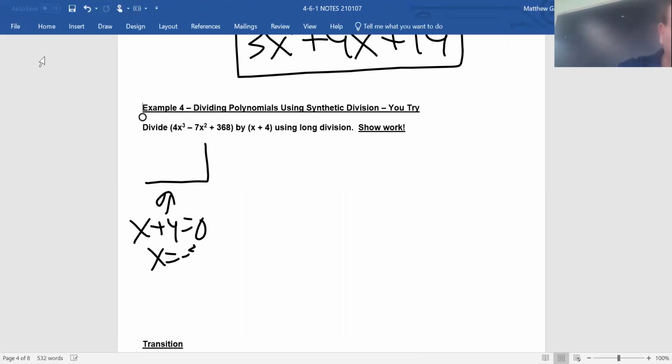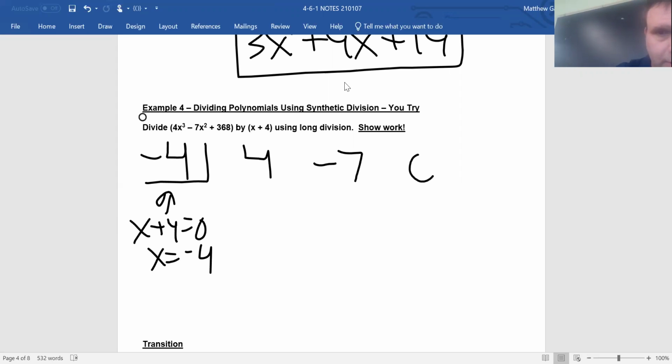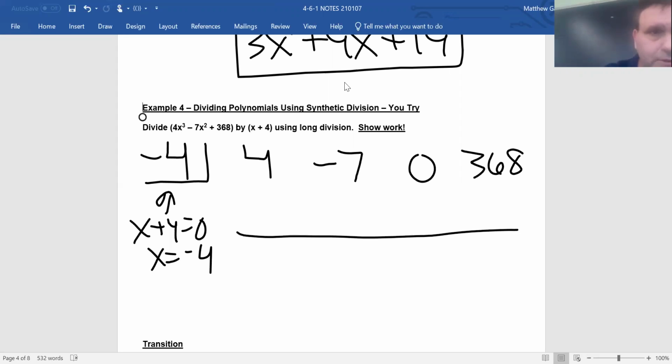And when you line up the coefficients, the 4 does go first, negative 7 for x squared. But you notice here we skip over x, so we're going to go 0 and 368. Just go through this, and I'll be back to go through it.